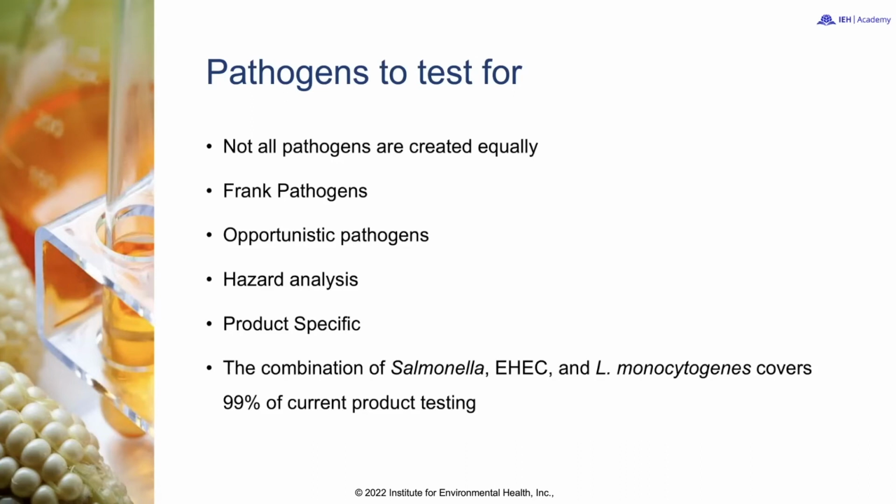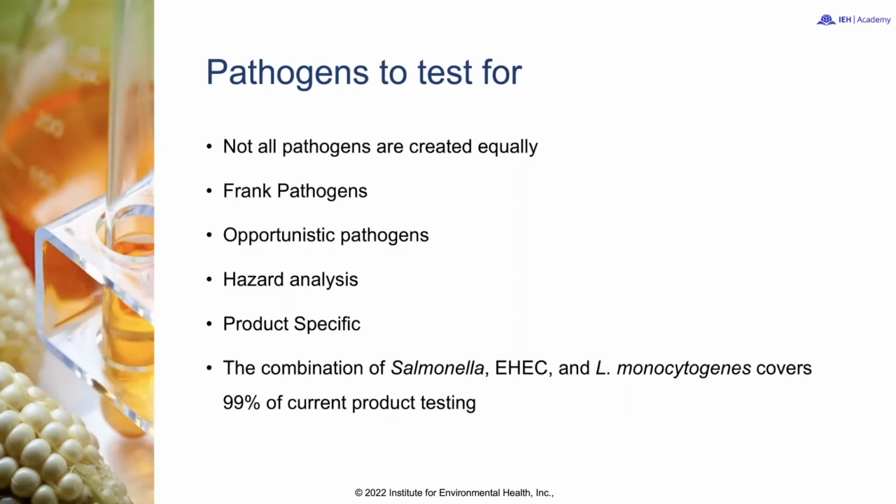And so these are not normally pathogens at low levels when consumed by healthy people, but they can certainly become pathogenic under the right circumstances. Those two groups you have to think about when you're deciding what pathogens to test for.